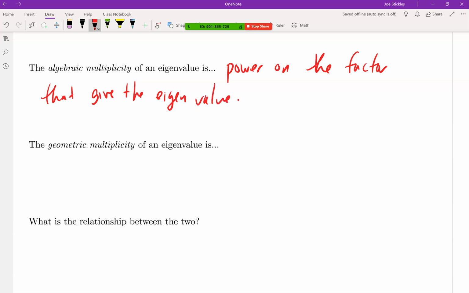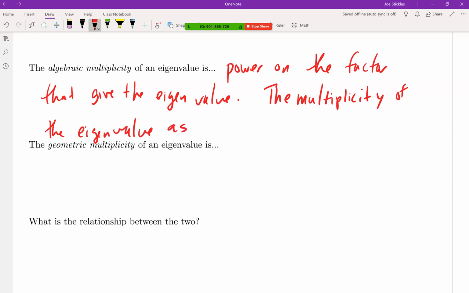Or said in a more algebraic way, it's the multiplicity of the eigenvalue as a root of the characteristic equation.